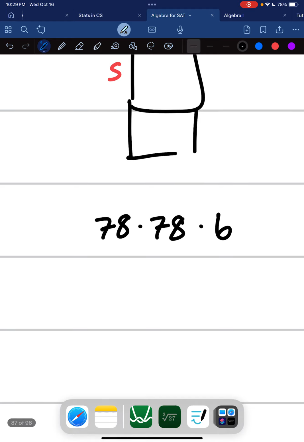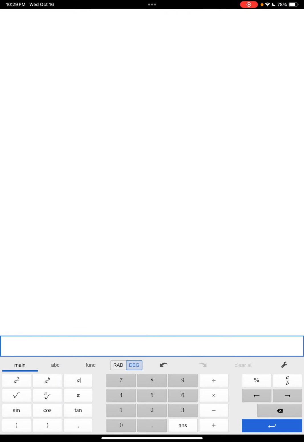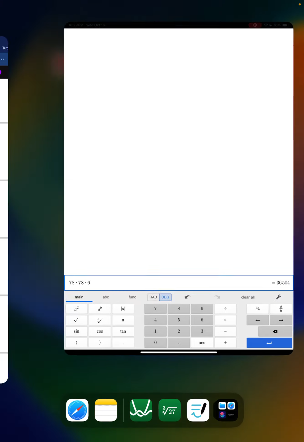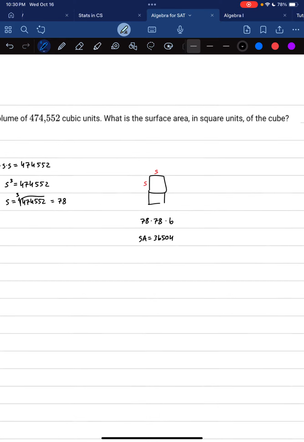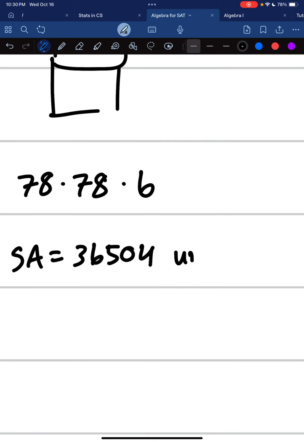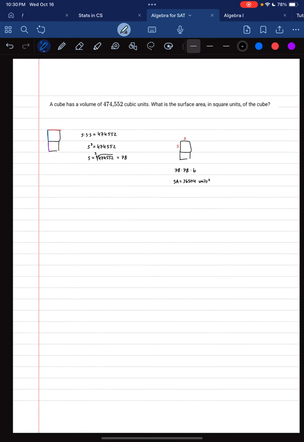So I have 78 times 78 times 6. Let's see what that gives me. That's going to give me 36,504. So then the surface area is 36,504 square units. So then that's my answer. That's the surface area.